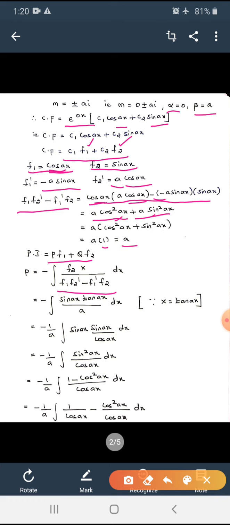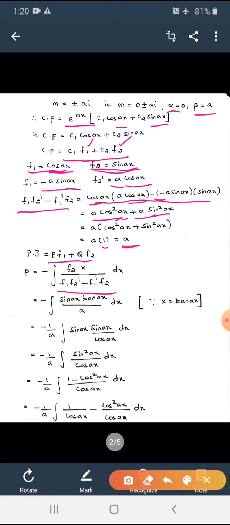That is equal to minus integral f2, and f2 is sin ax. We substitute sin ax into capital X, where capital X is tan ax in the given problem, by f1 f2 dash minus f1 dash f2, that is the denominator value we have already calculated, that is a, into dx.